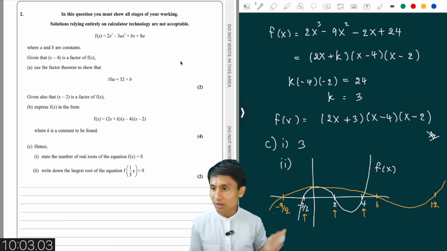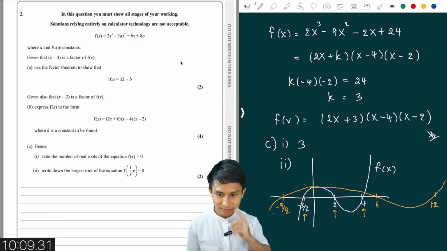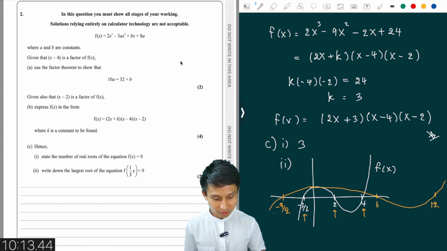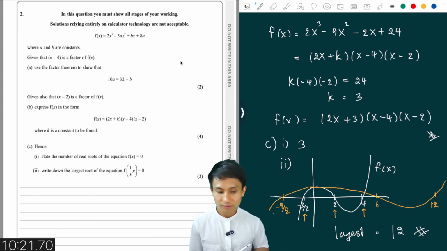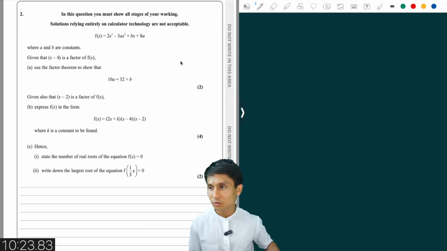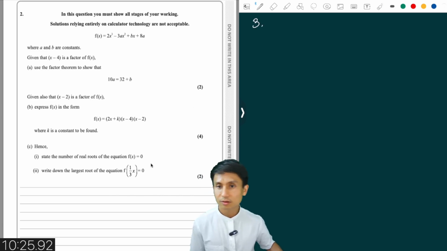Alright, so just drawing that out, it looks like that. So the largest root of this in terms of x here is going to be 12. Right, so the largest root is 12 then. Alright, I just answered there. 12 is the answer. Okay, next question, number 3.